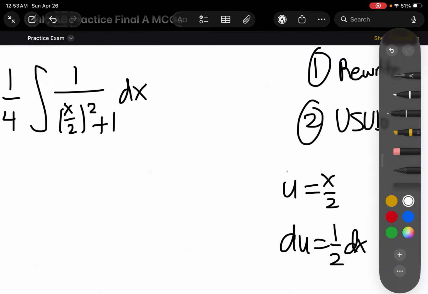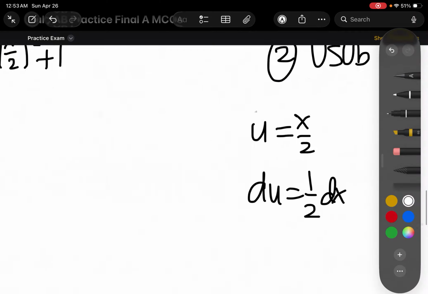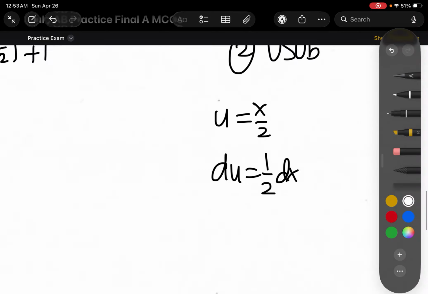All right. And now multiply both sides by 2. It's going to be 2 du equals dx. All right.